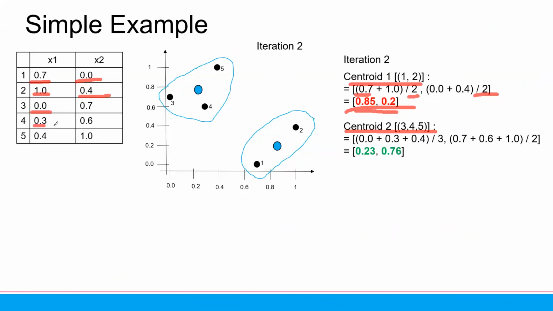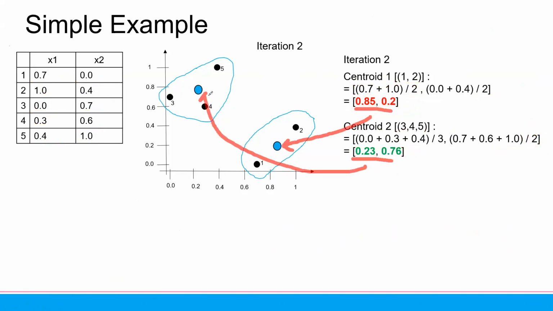So it is 0 plus 0.3 plus 0.4 divided by 3. And then 0.7, 0.6, and 1 divided by 3. Oh, sorry. This should be 3. Sorry. This one should be 3. So we will get the value here. I think the value is okay. Yeah. Because the first centroid is this one, and this one is here.